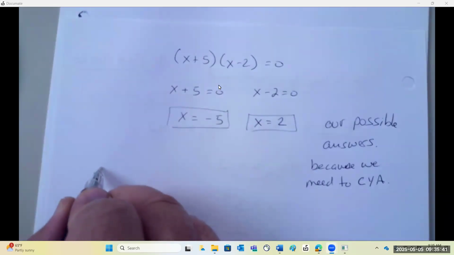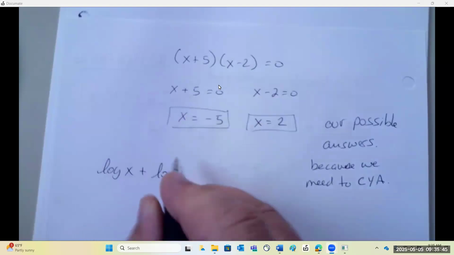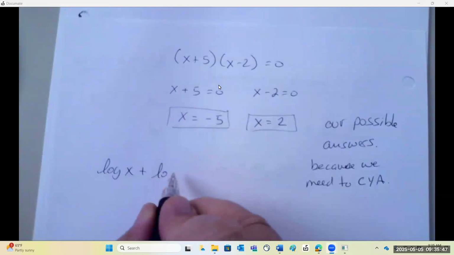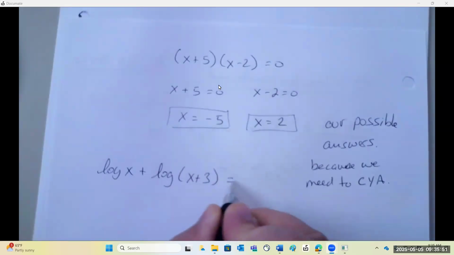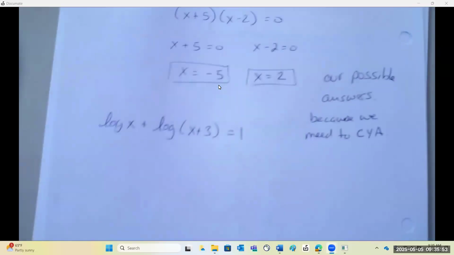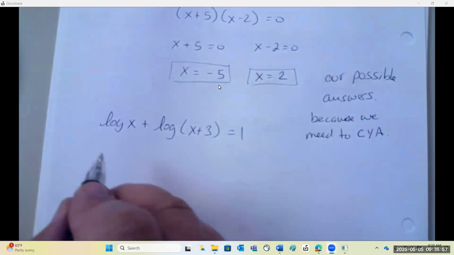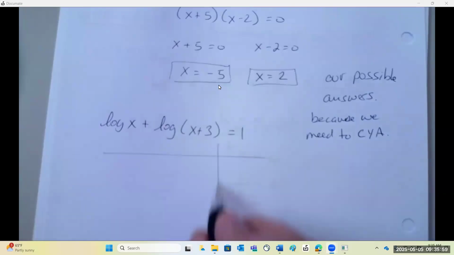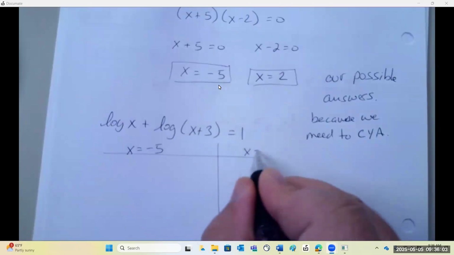Remember, the original question was log x plus log (x plus 3) equals 1. x equals -5 and x equals 2.